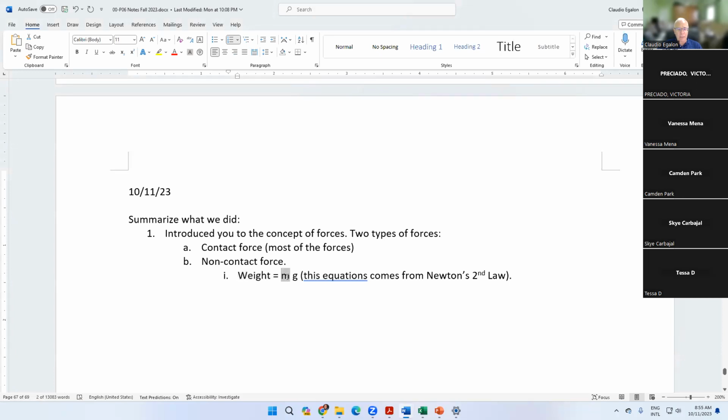And this force is going to be the numeric value of the mass times the acceleration of gravity at the spot where the object is located. Here on Earth, at the surface of the Earth, this g is 10 meters per second squared.